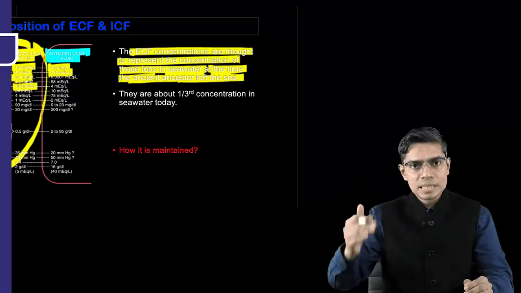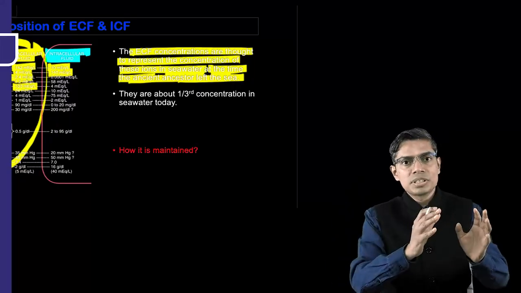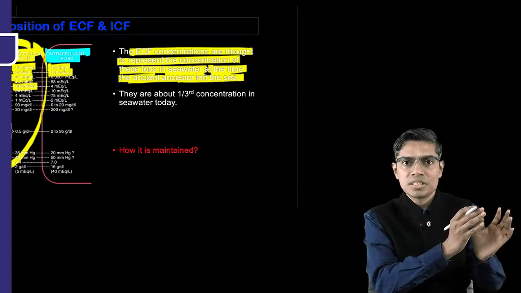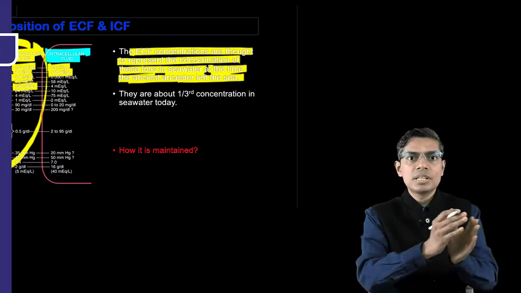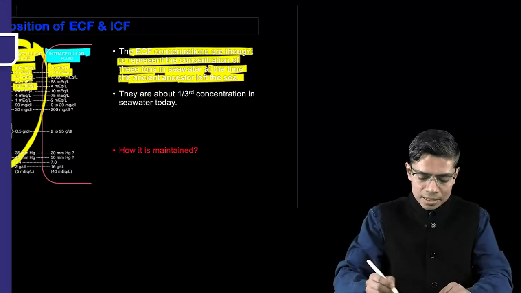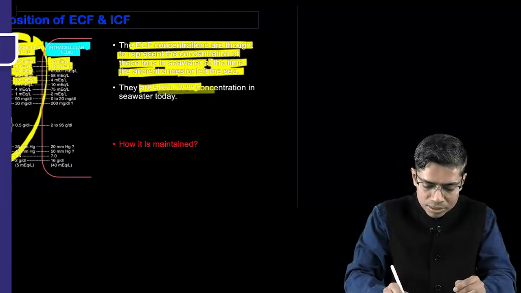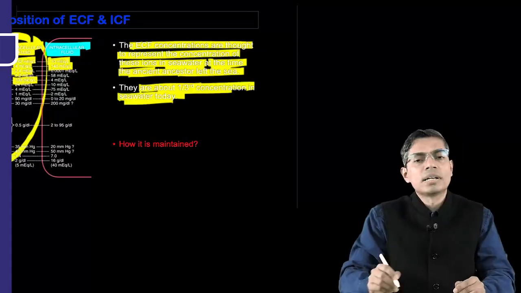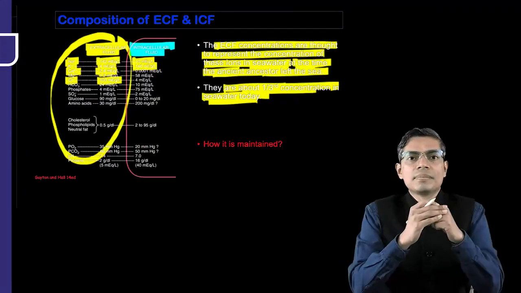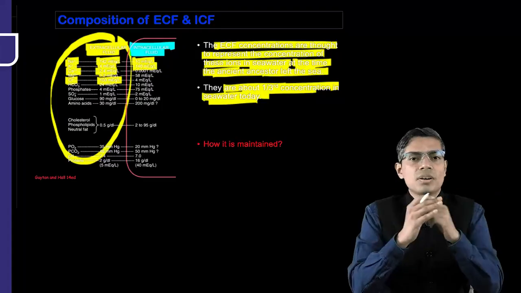During the process of evolution, the ECF composition, although the proportion of the seawater composition is still maintained, is gradually changing, and today the concentrations are only one third of those in seawater. So the ECF concentrations of different ions represent the seawater composition.